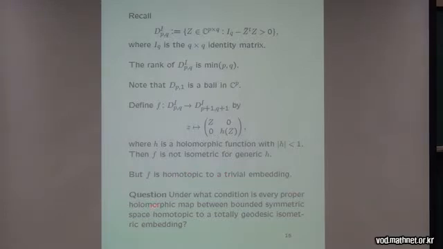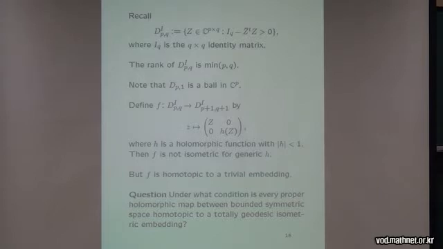So in this case, we can ask whether any proper map is of this type, homotopic to this trivial embedding, G000, and this trivial embedding is always totally geodesic. So we can ask whether they are homotopic to the trivial embedding.